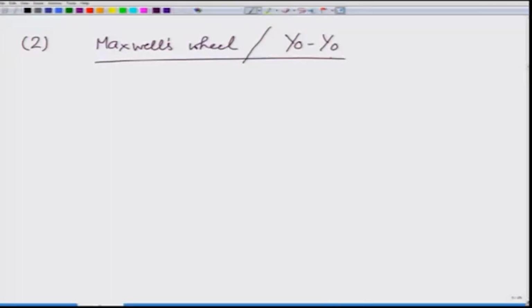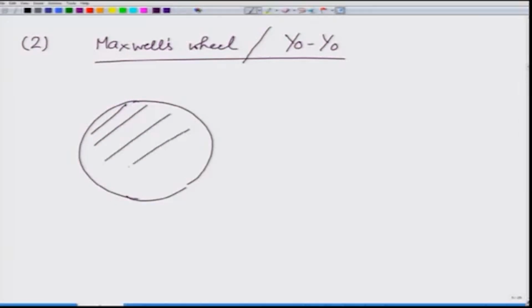What it is that there is a large wheel which is taken, let us say it is uniform distribution of mass, and on its axle one wraps a string and let it go. So, what happens in this case, you will see that the wheel descends down very slowly, and that depends on the radius here.